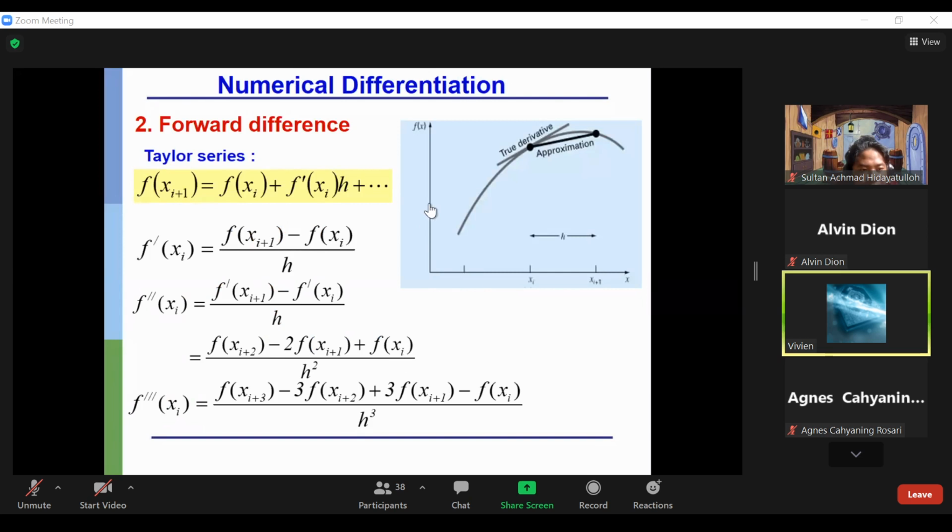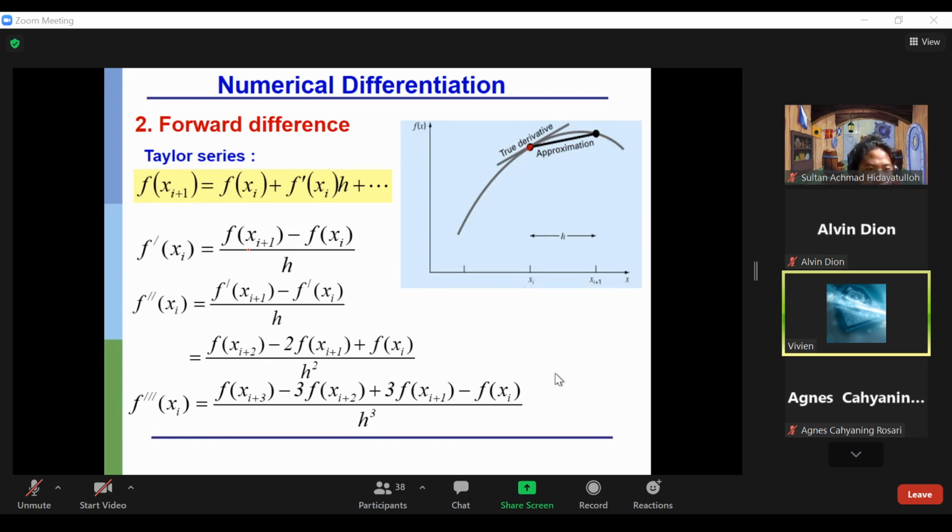Aside from that, we have another method now, which is the forward approach. So again, similar to before, we can find the first, the second, or the third derivative at xi. The point is finding the derivative at xi, but by connecting it to the point forward, the point in front of it.